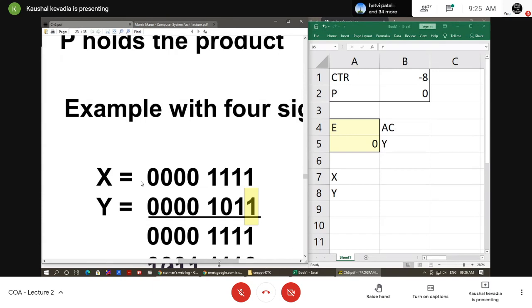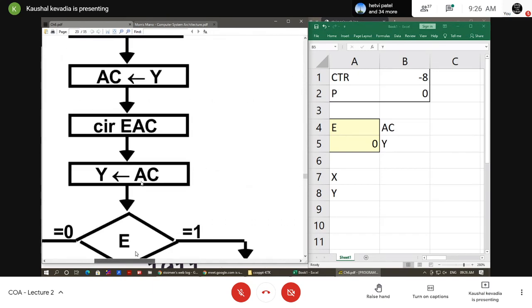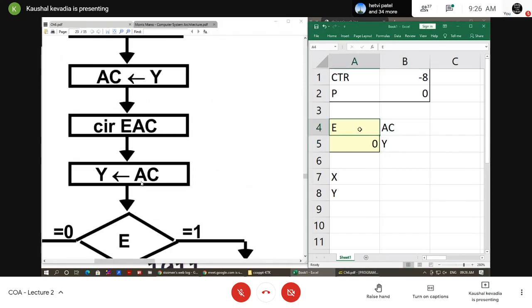Actually, by the procedure, it is mentioned that the E and AC registers are stored like this way. Okay, if I do the right shift of this accumulator, so what happened, y का जो लास्ट बीट होगा, राइट मोस्ट बीट, वो शिफ्ट होके ई रजिस्टर के अंदर आ जाएगा.